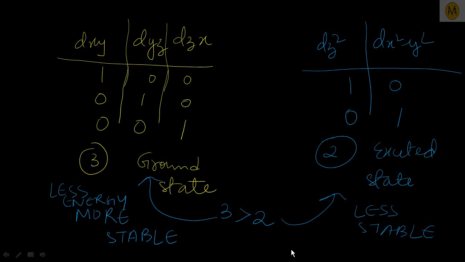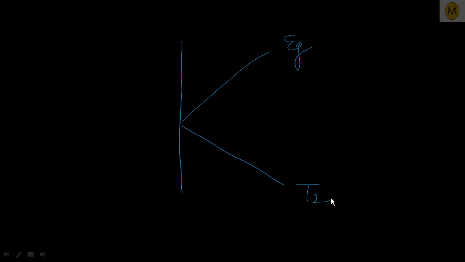The excited state has more energy. So finally, when we draw the Orgel diagram, the Orgel diagram is nothing but this. We have Eg, then we have T2g. This is for d1 octahedral splitting, right?